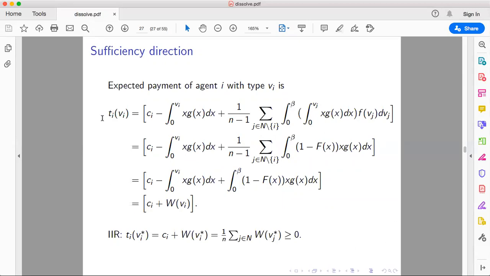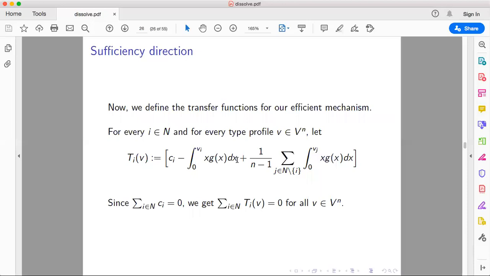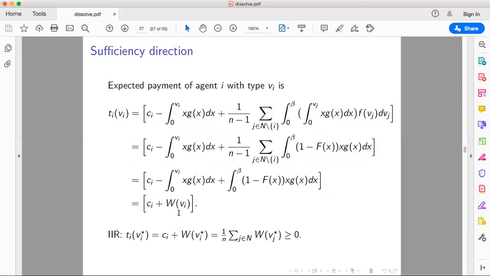But the point is that the interim payment of any type Vi is equal to this Ci, which, remember, is this term which is independent of Vi, plus W(Vi). So this was by design. The payments are designed such that the interim payment depended on this W function. So Ci plus W(Vi) is the interim payment.